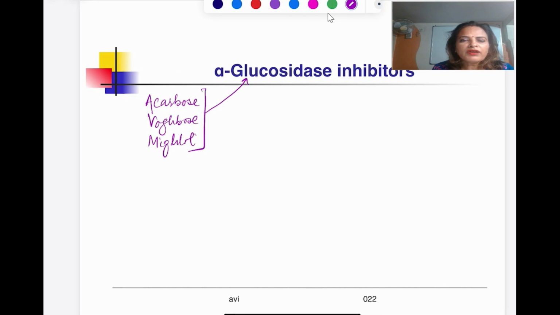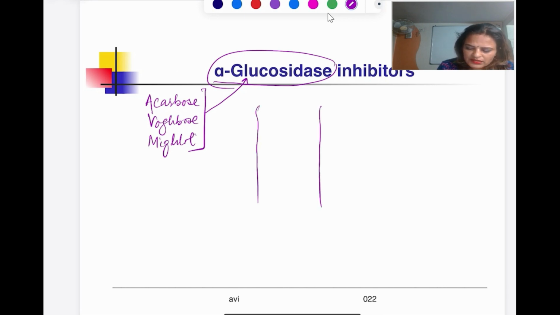Now how do these alpha glucosidase inhibitors act? First you must know the action of alpha glucosidase. Alpha glucosidase is the enzyme present in the brush border of the intestine.